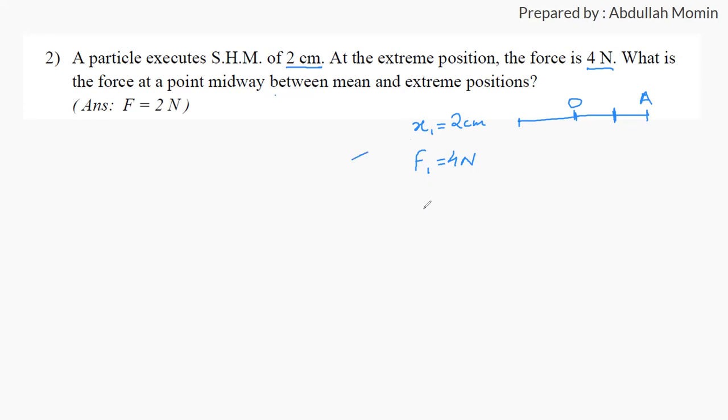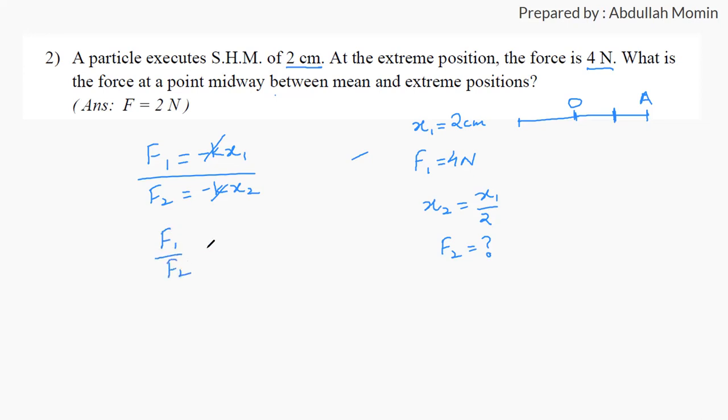So we can write x2 is half of x1. So we are supposed to find out the force. We know that by the definition F1 is equal to minus kx1 and F2 is equal to minus kx2. So minus k gets cancelled, and we write F1 upon F2 is equal to x1 upon x2. Now instead of x2 we will put x1 by 2.